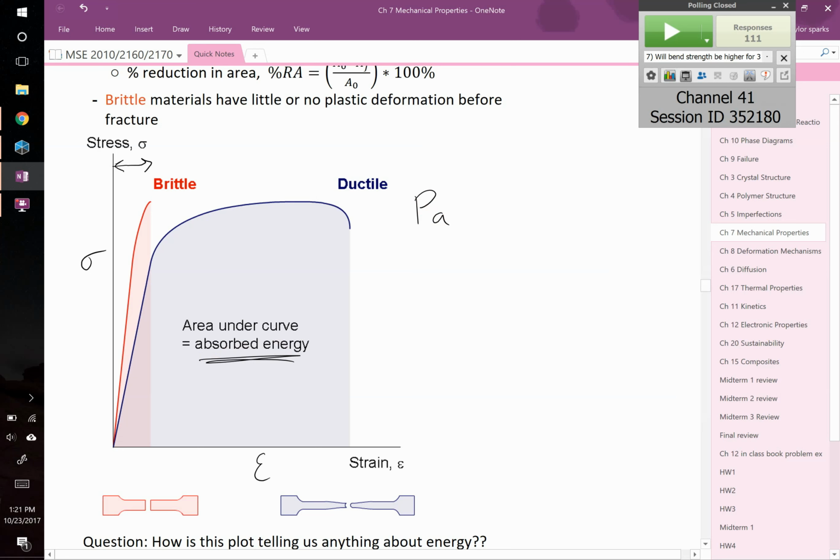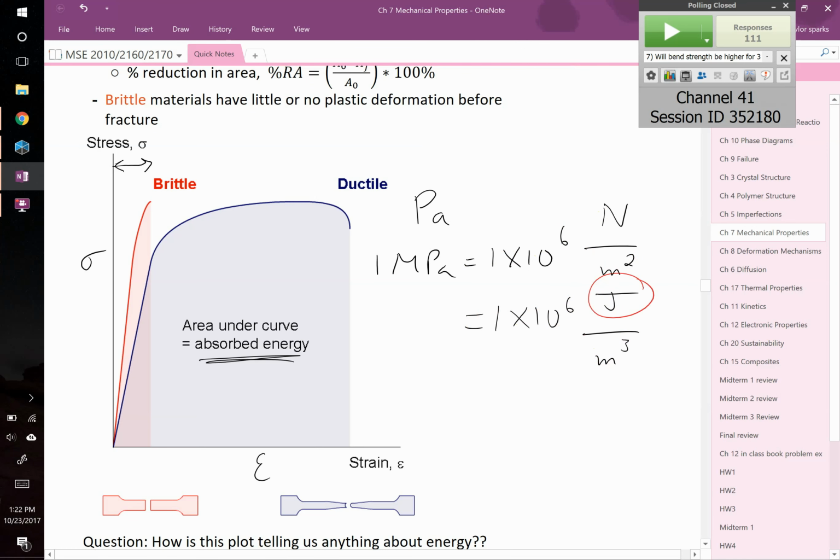Well, let's write this out. 1 megapascal, that's equal to 1 times 10 to the 6th newtons per square meter. And that is, by definition, equal to 1 times 10 to the 6th joules per meter cubed, right? So joules, there's our energy term, right?